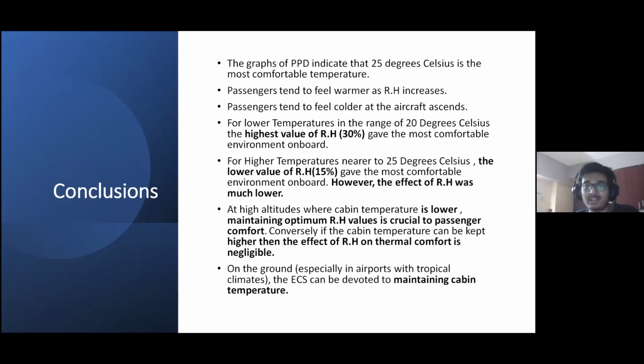In these places, maintaining a slightly lower value of RH will keep the passengers more comfortable, but as the plane takes off and climbs, the temperature will invariably drop, and also passengers will feel colder.